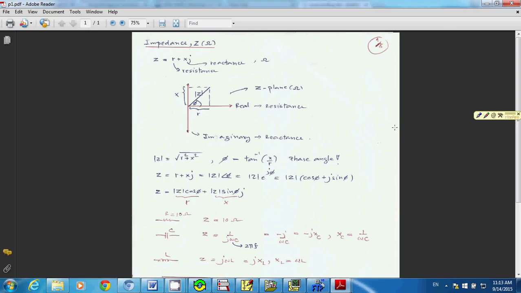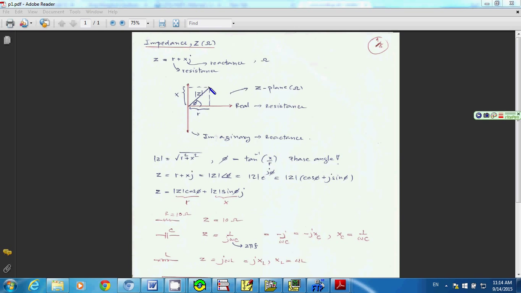To have a right understanding about our impedance, when you're talking about impedance, actually you're talking about a z-plane, and have your unit of ohms, and you can see the plane like this, and I have the vector of z.